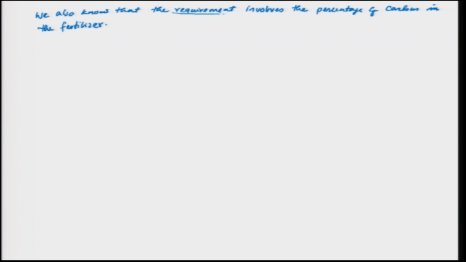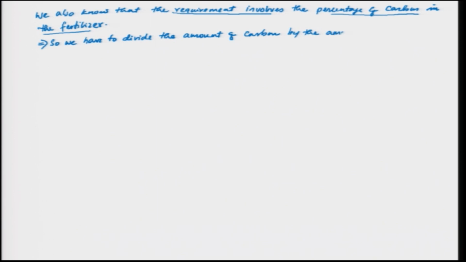So our requirement is on the percentage of carbon in the fertilizer. It's not about the quantity of the carbon, but it is the percentage of the carbon. So we have to divide the amount of carbon by the amount of fertilizer to obtain the percentage.